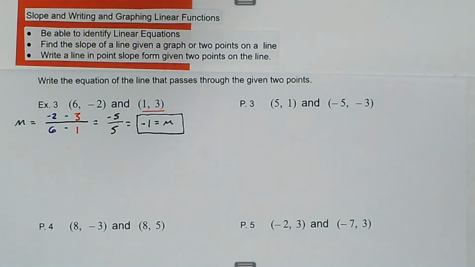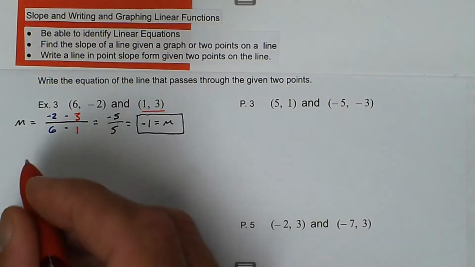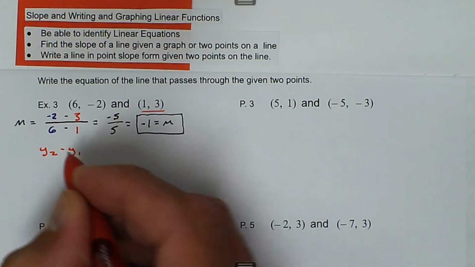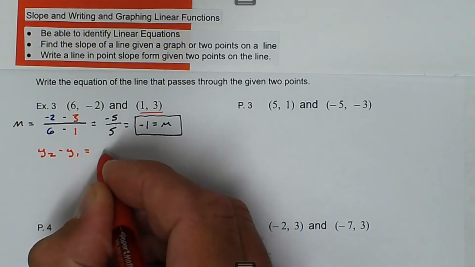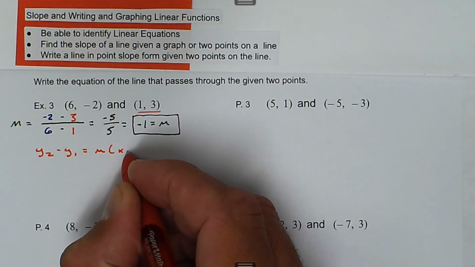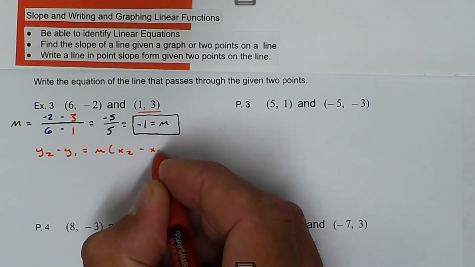So once we have negative 1 as the slope, we can substitute it into our point slope formula, which is y2 minus y1 is equal to m times x2 minus x1.